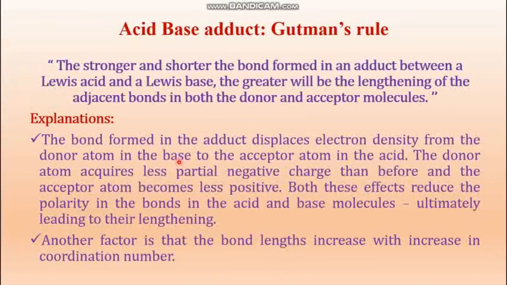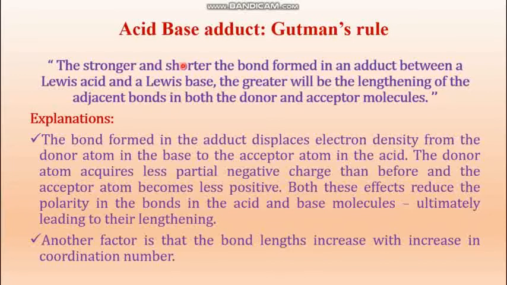So there should be some explanation of what is happening. There is Gutmann's rule on acid-base adducts. What is the rule? The stronger and shorter the bond formed in an adduct, that means the shorter nitrogen-boron bond, okay, this is stronger and shorter.